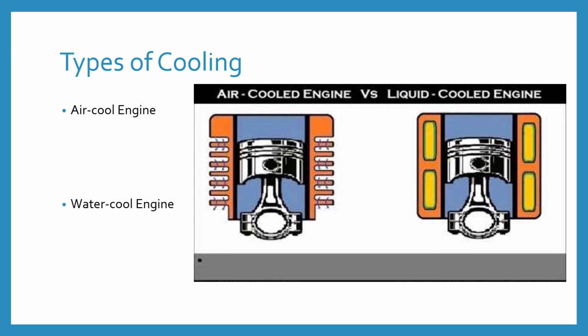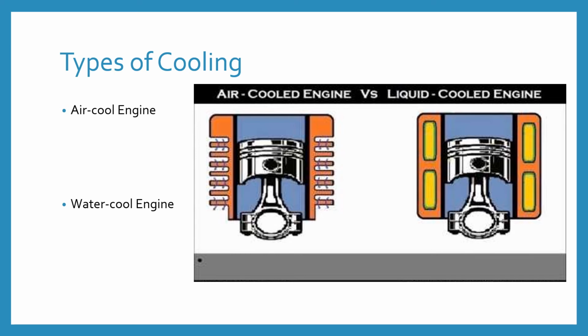If we cannot dissipate the heat generated inside the engine, then after some time the parts of the engine would be seized. To avoid the seizing of the material inside the parts of the engine, we use the cooling system.